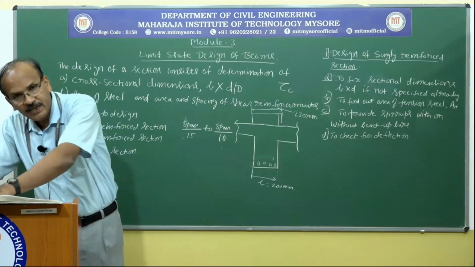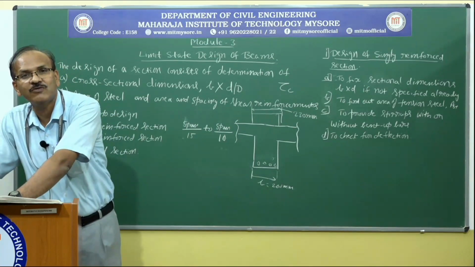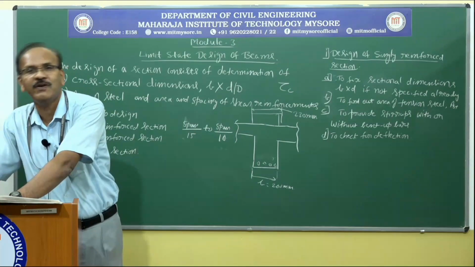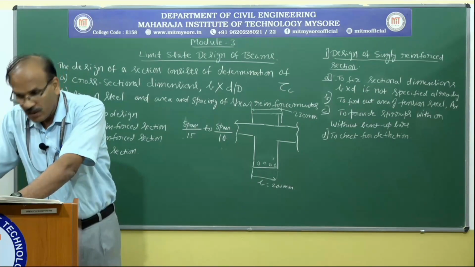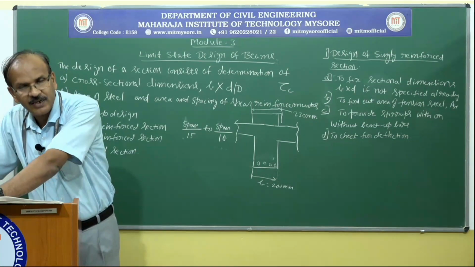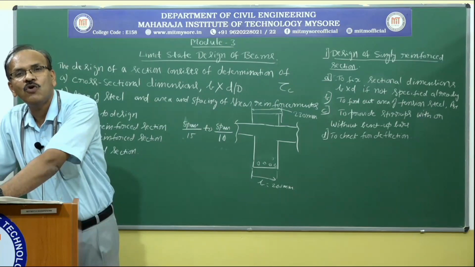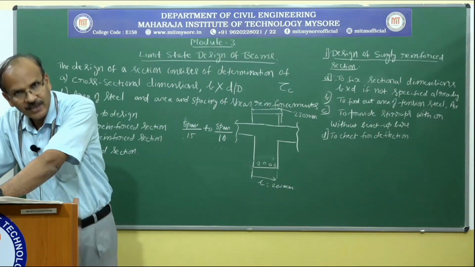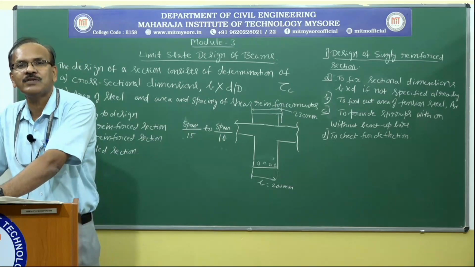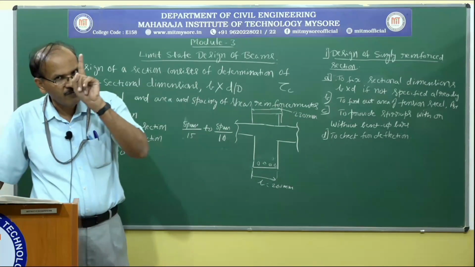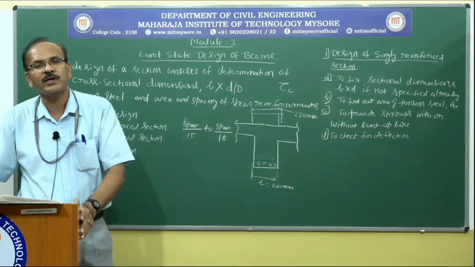If these conditions are satisfied, then you don't have to check for actual deflection. If you are not satisfying these conditions, then you will have to check for actual deflection, and make sure those deflections are within certain limits as per codal recommendation.